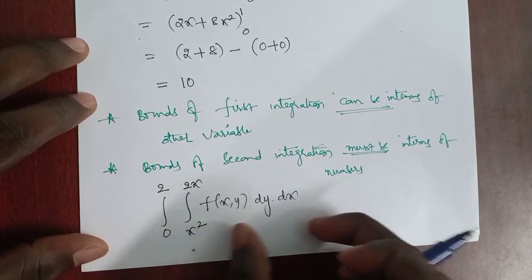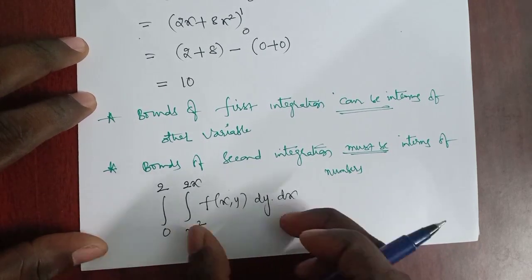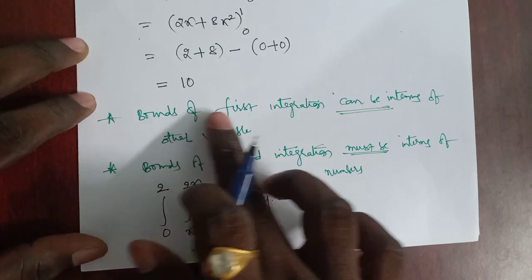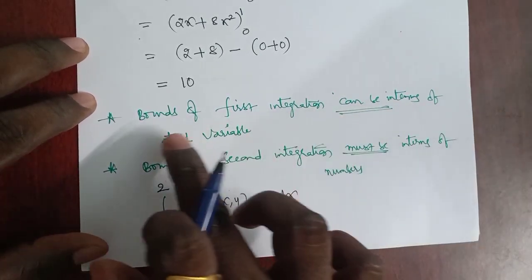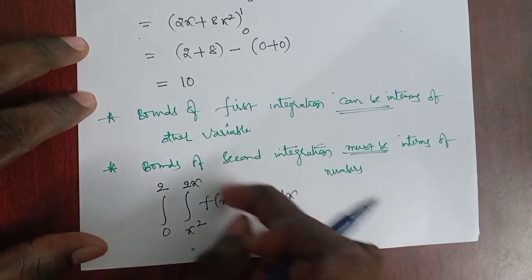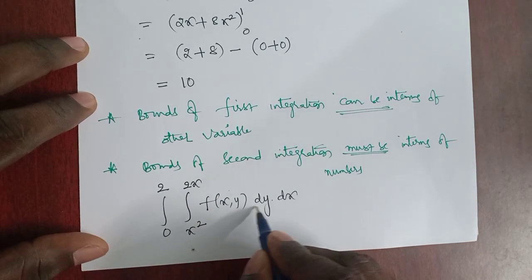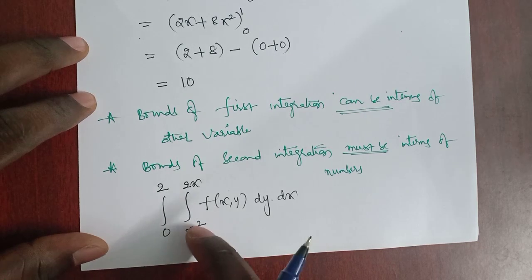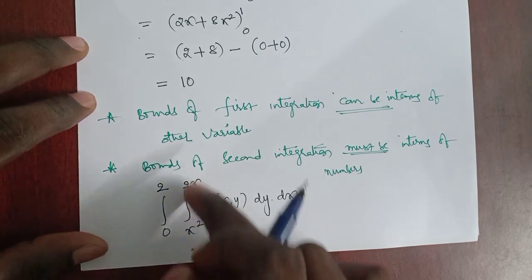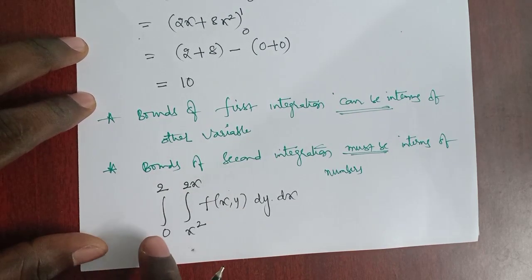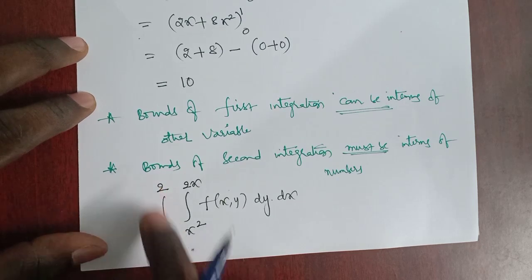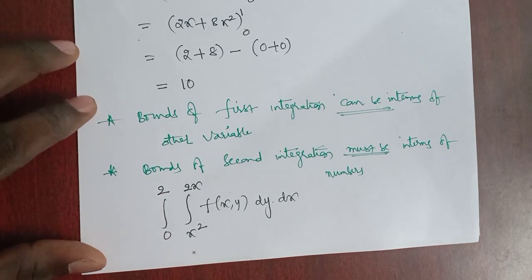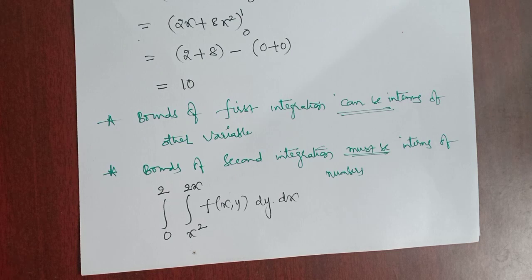Now in the next video we will discuss it clearly. The bounds of the first integration can be in terms of the other variable, so we need to integrate with respect to y, but the boundaries are other variables, x square and 2x, and the bounds of the second integration are constants. So we will discuss it in the next video.